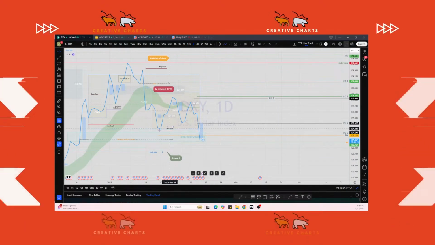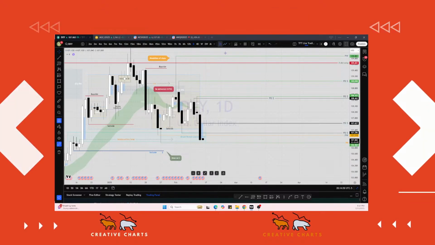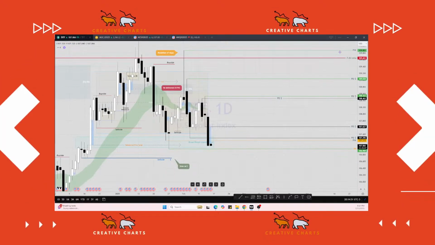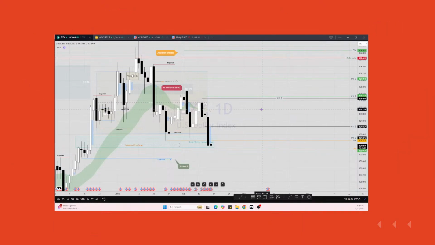So you can see we shifted market structure bearish. Having trouble seeing market structure, the line chart can be your friend.